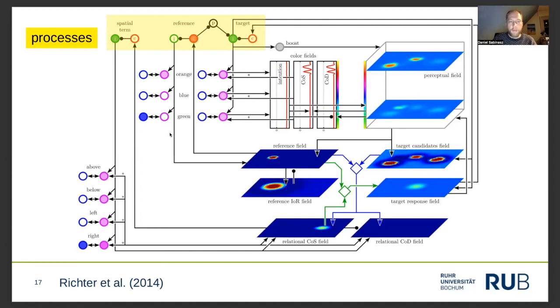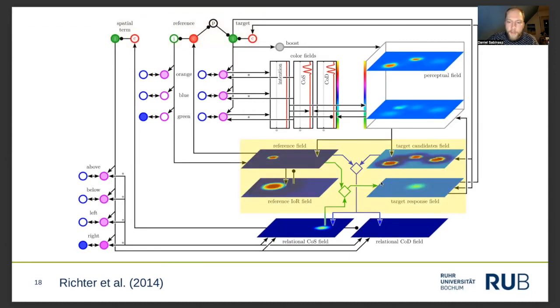In this way, we can first search for the reference object stored in the reference field, then search for the target object stored in the target field, or rather not we do it, but the architecture does it autonomously.